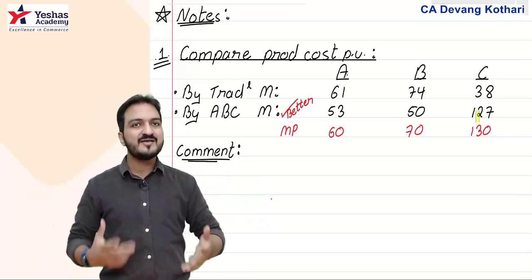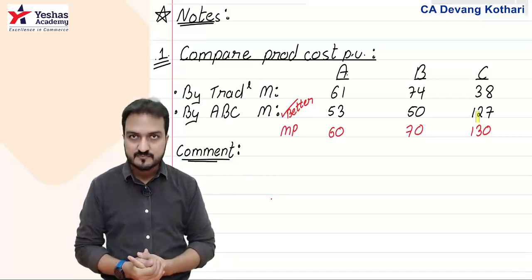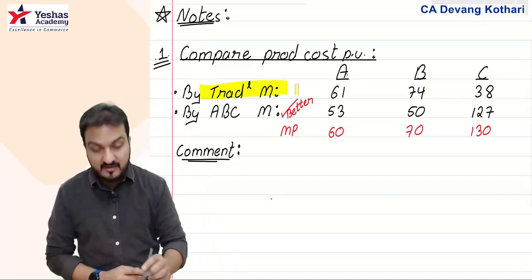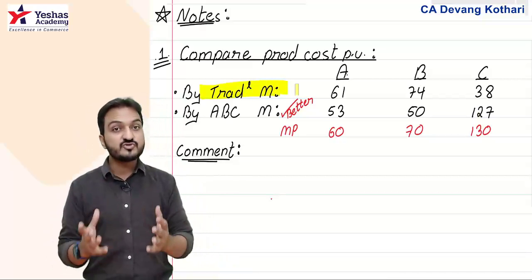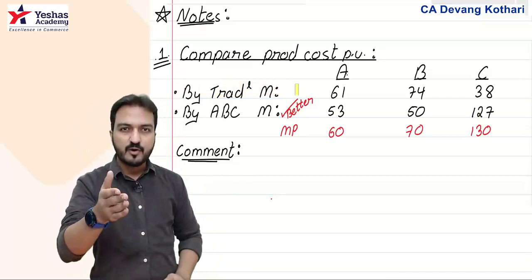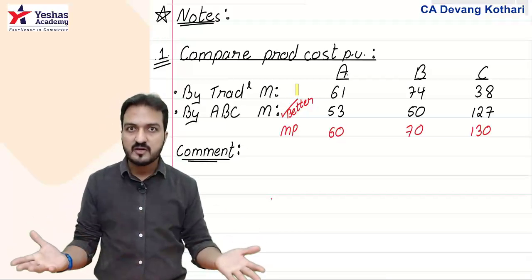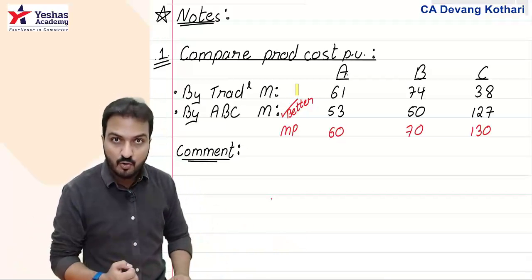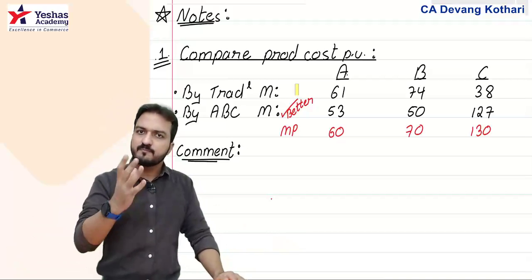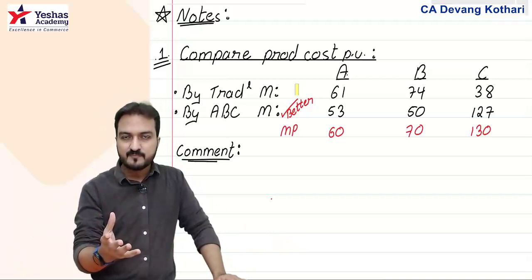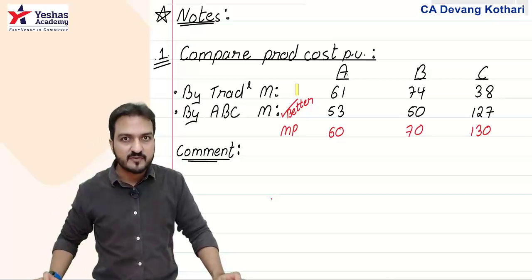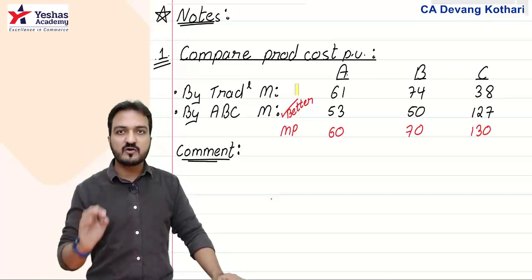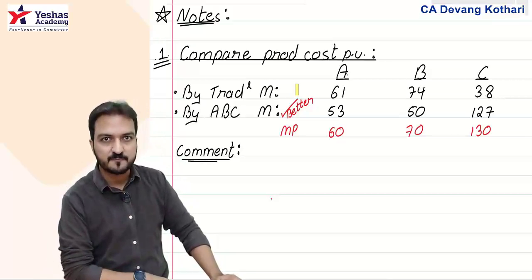You will try to decrease cost by decreasing production hours. Traditional method will say that your cost will decrease when you decrease the hours. ABC method makes you realize that by decreasing production hours, my cost may not decrease, because majority of my overheads are not depending on production hours. Do you understand that? This is the reality of ABC method. This is what we write in the comments and analysis here.